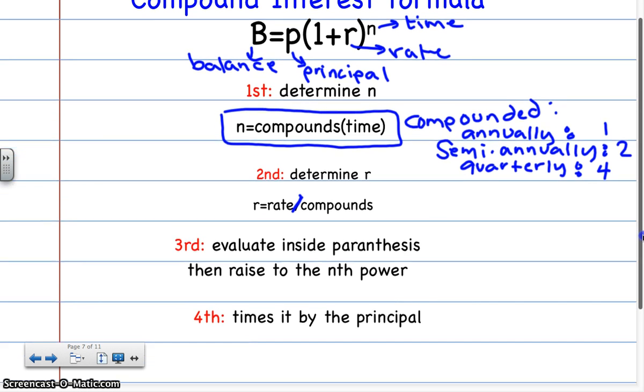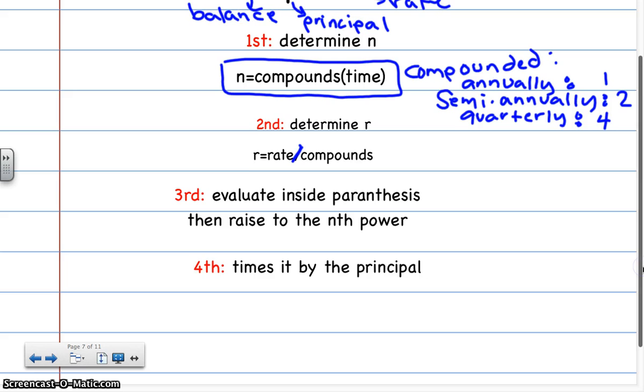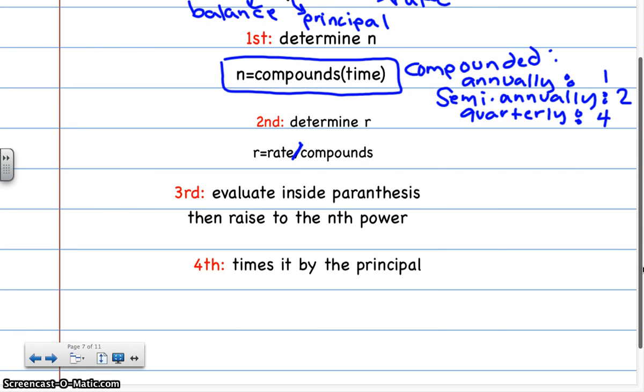Third thing we'll do is evaluate inside our parentheses. Then we raise that to whatever the nth power is. The nth power is, again, identified in step 1. And then we'll times that by our principal, our starting money.